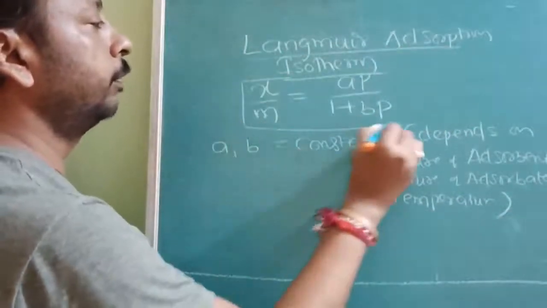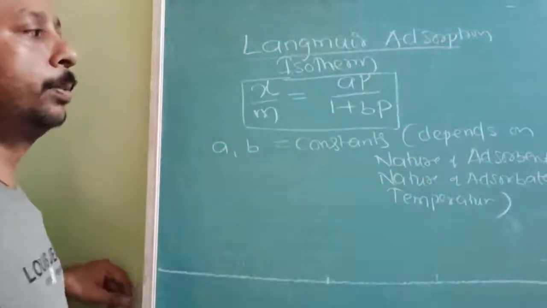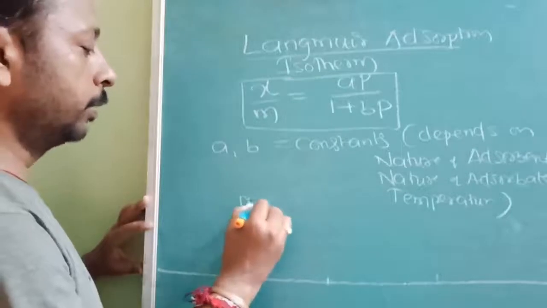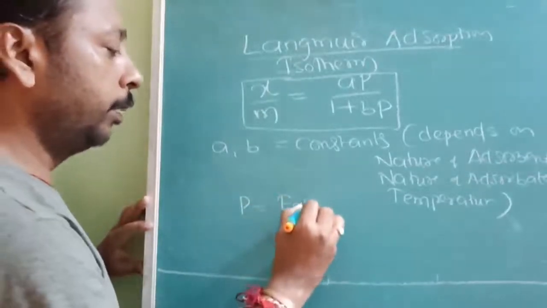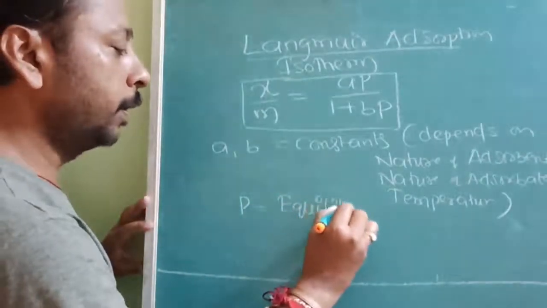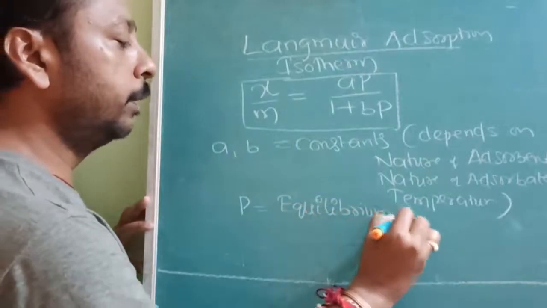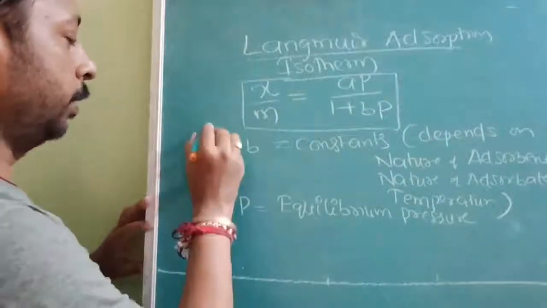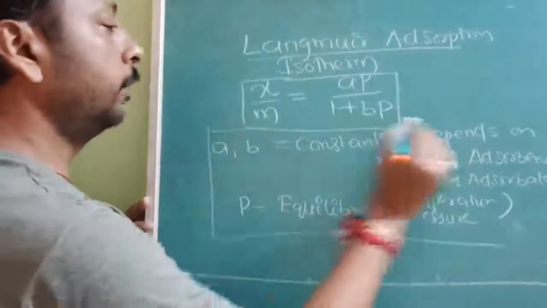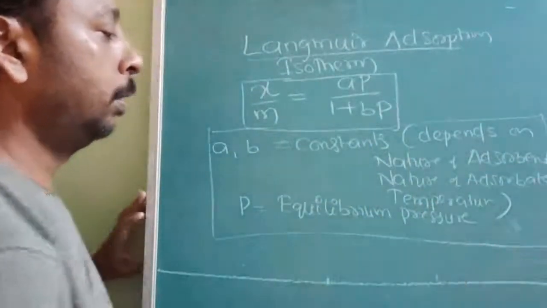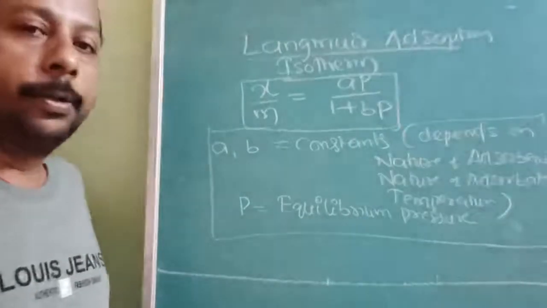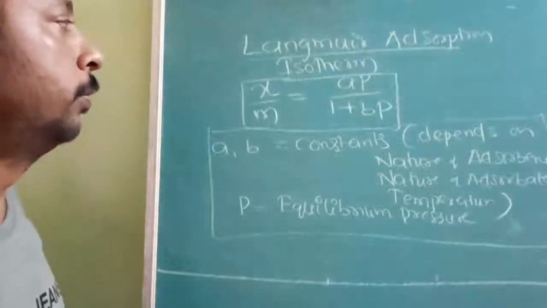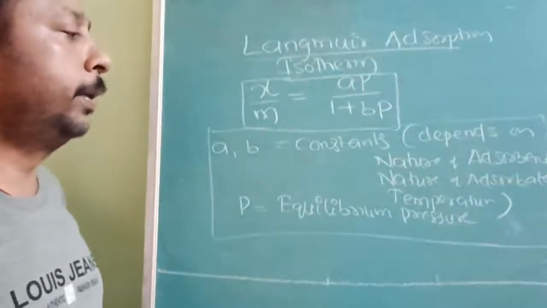This is applicable for the Langmuir adsorption isotherm, and P is called the equilibrium pressure. P is the equilibrium pressure. So note down these values. Equilibrium pressure. Langmuir adsorption isotherm, x/m.